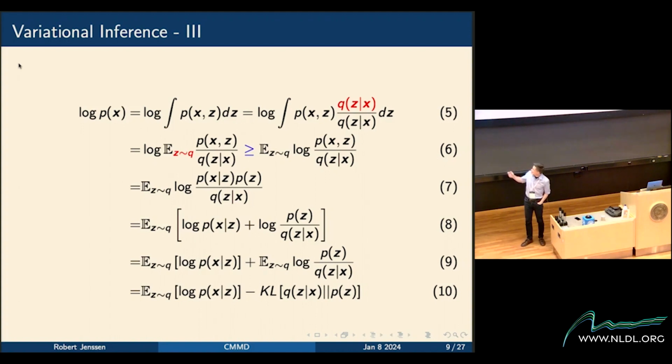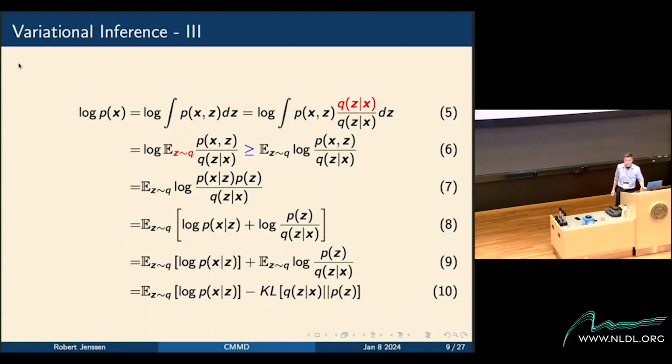Since we used Jensen's inequality up here, that's why we get a lower bound. Basically, we have our reconstruction term here, and this you can think of as a regularization term. And this is the ELBO.